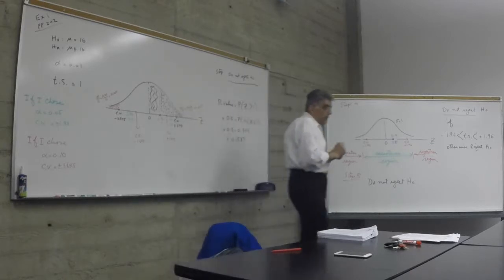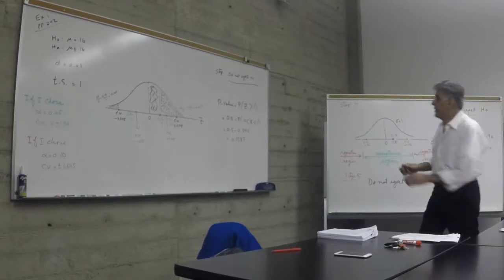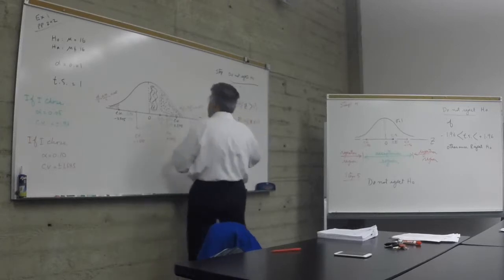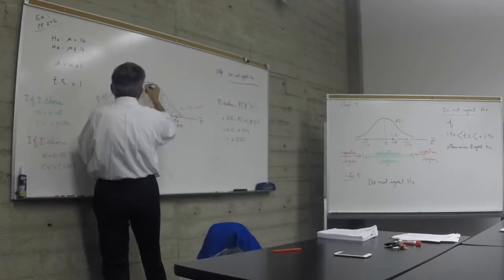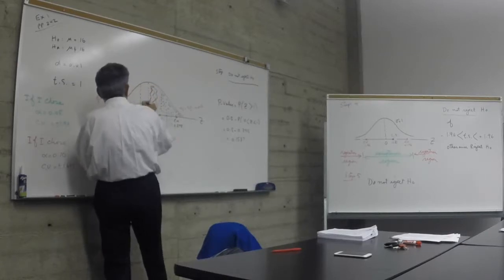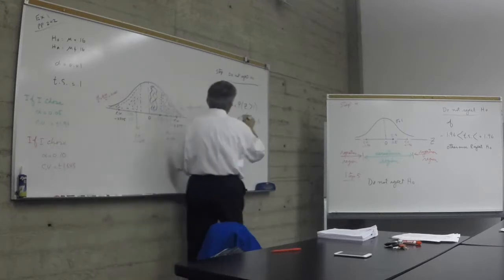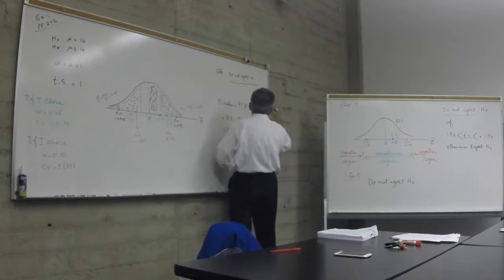Isn't it 2 times? Okay, so if it's a two-tail test, you're absolutely right. It's going to be 1 and 1. There are 2 of them, so there's going to be another one here. So it's going to be the probability that z is greater than 1 plus the probability that z is less than -1.